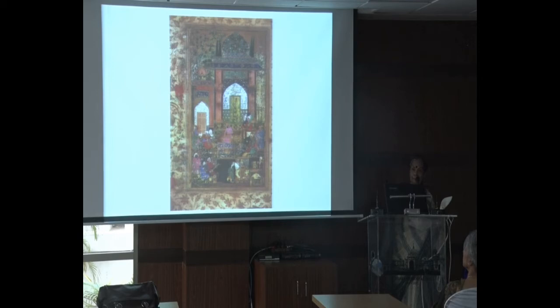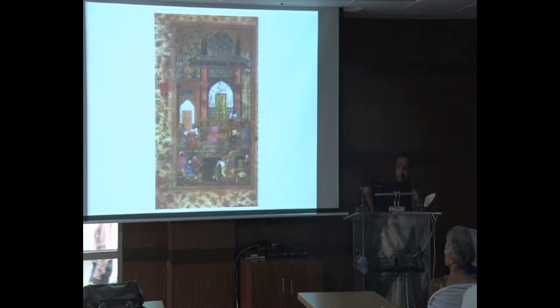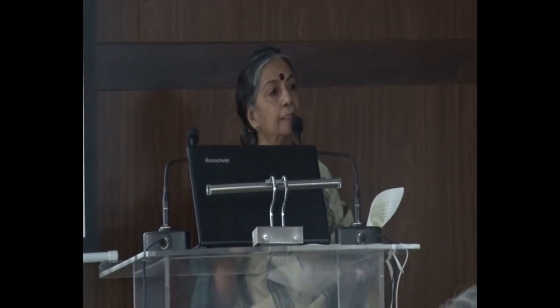And the reason I'm showing you this slide is because Babur seems to have a really elaborate court, which he never did, either from his memoirs or from the historians who wrote about Babur's life. He was constantly on the move.